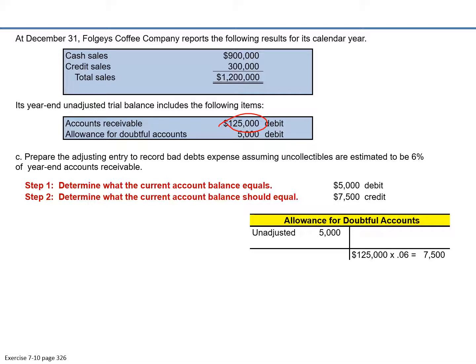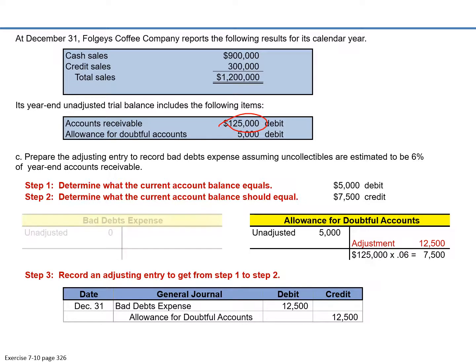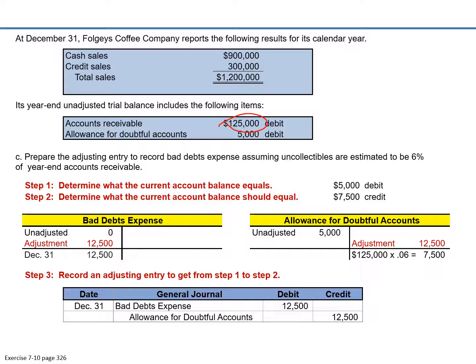To get from a debit of 5 to a credit of 7,500, you need a large credit, right? 12,500 less the debit of 5 gets you to a net of 7,500. So you have bad debt expense, debit for $12,500, and allowance for doubtful accounts, credit for $12,500. There's your bad debt expense side. There's your ending balance.